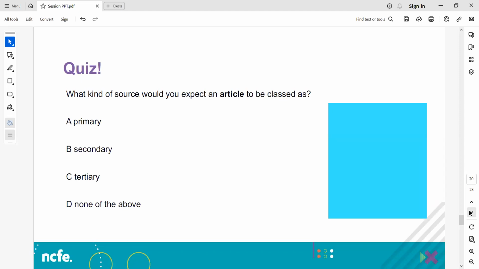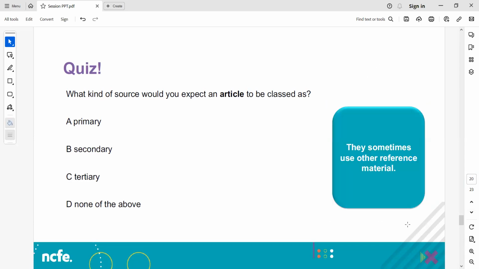So what kind of source would you expect an article to be classed as? Primary, secondary, tertiary, or none of the above? B, secondary. Good, because they use other reference material.